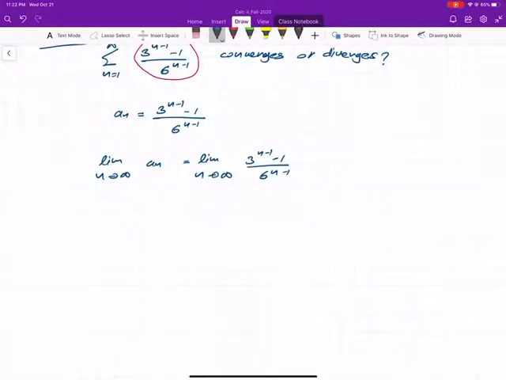Alright, now this is what you have. Now you have to simplify this. For that, what I would do, I will divide the numerator and the denominator by n.